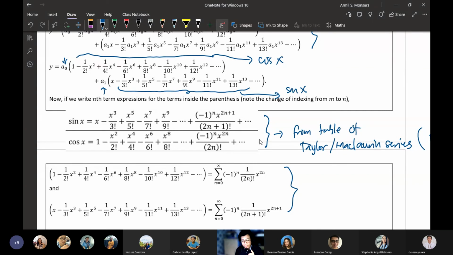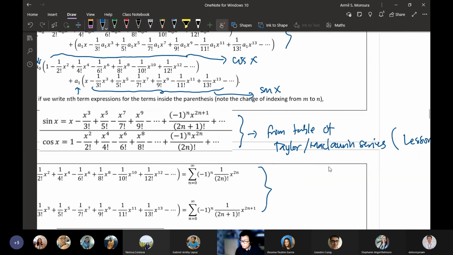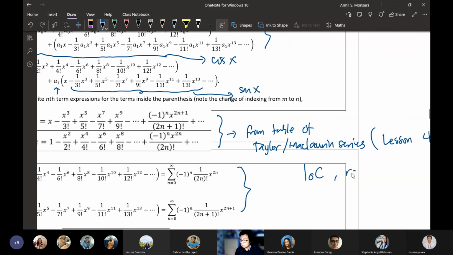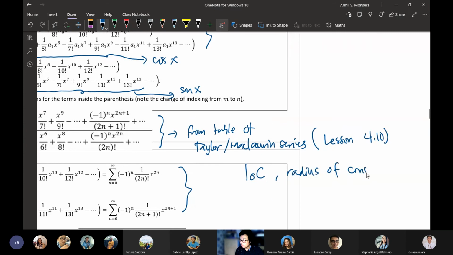And remember that in topic 4, the interval of convergence and the radius of convergence were discussed. This is something I haven't talked about yet at this point, but it is an idea that you also need to know about.